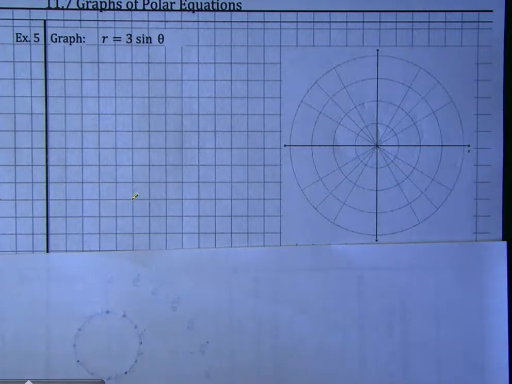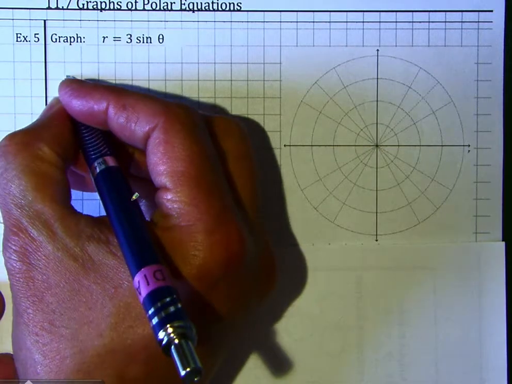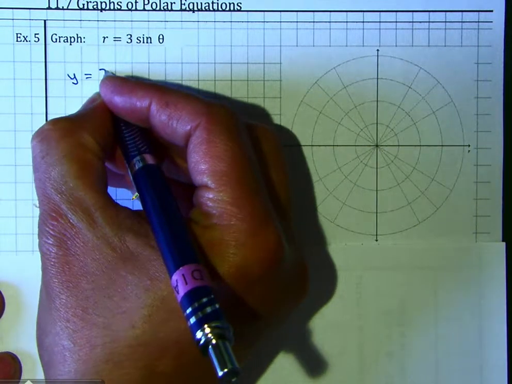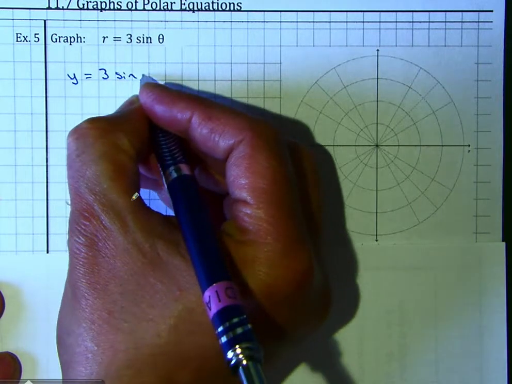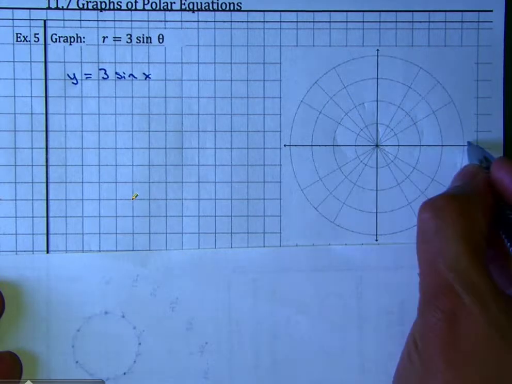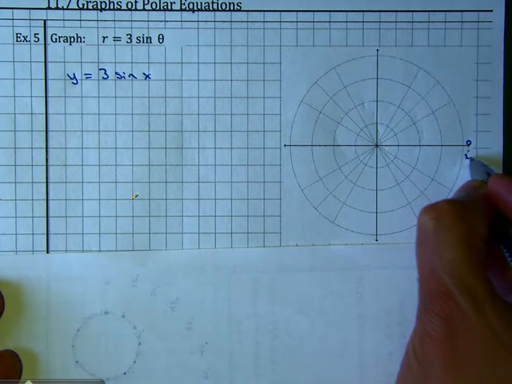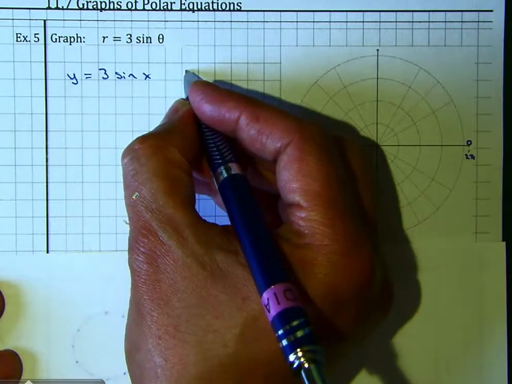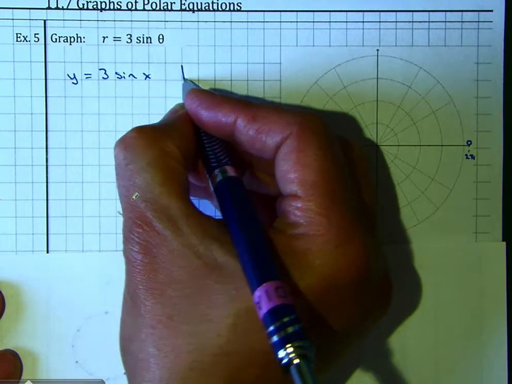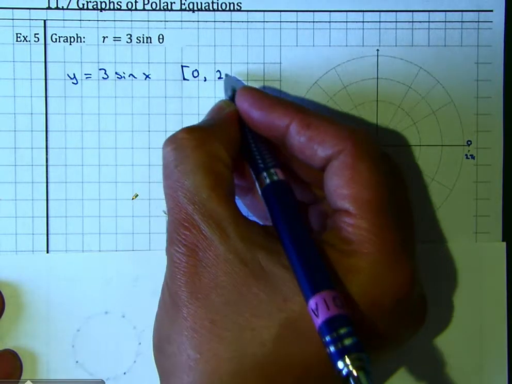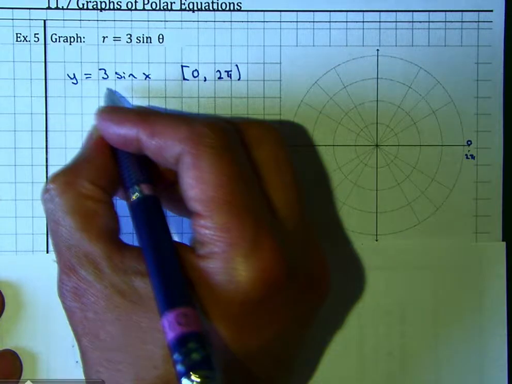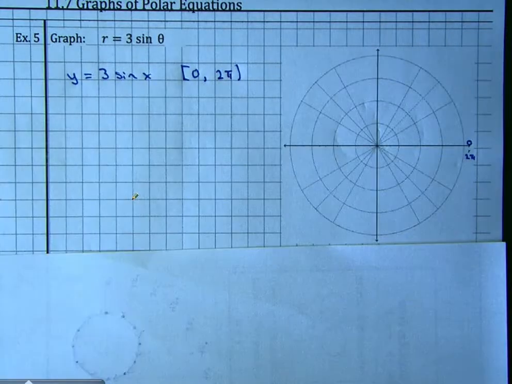So I'm going to graph y equals 3 sine of x, and we're going to go from 0 all the way up to 2 pi. So it will be in the interval from 0 to 2 pi. If you can go back to your notes on graphing sine and cosine, that will be very helpful.